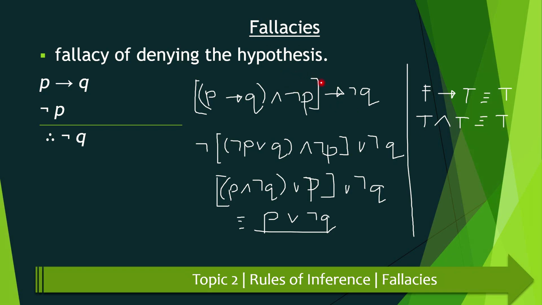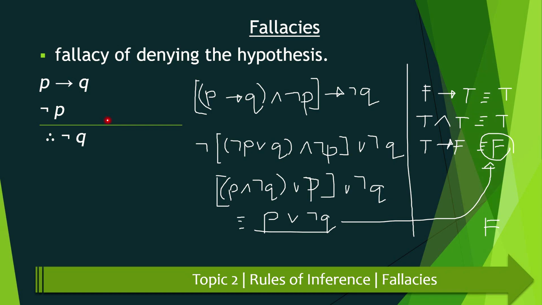So true implies false, because Q is true and not Q is false. So T implies F, this is false. So in any method, of course, again, it will output false. Okay, so that is the explanation behind the fallacy of denying the hypothesis.